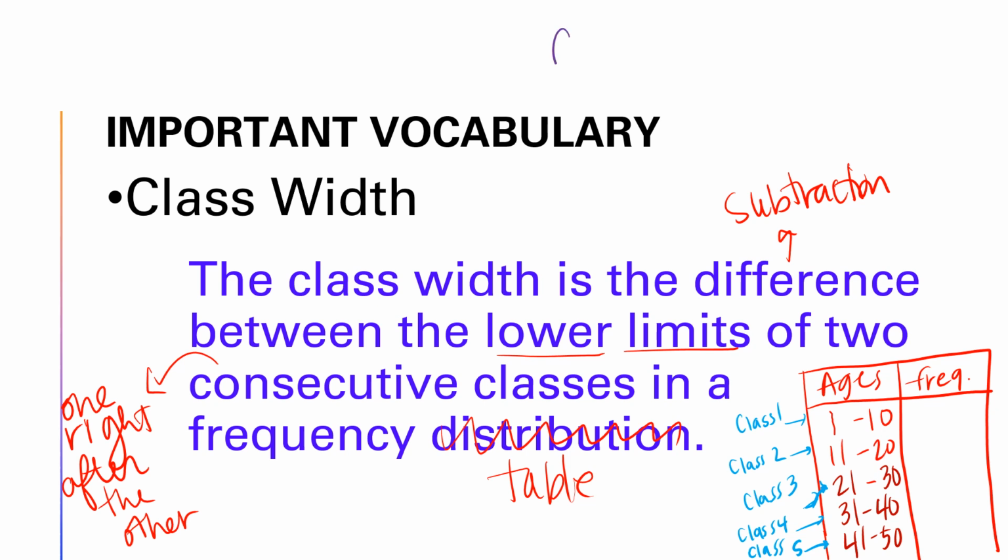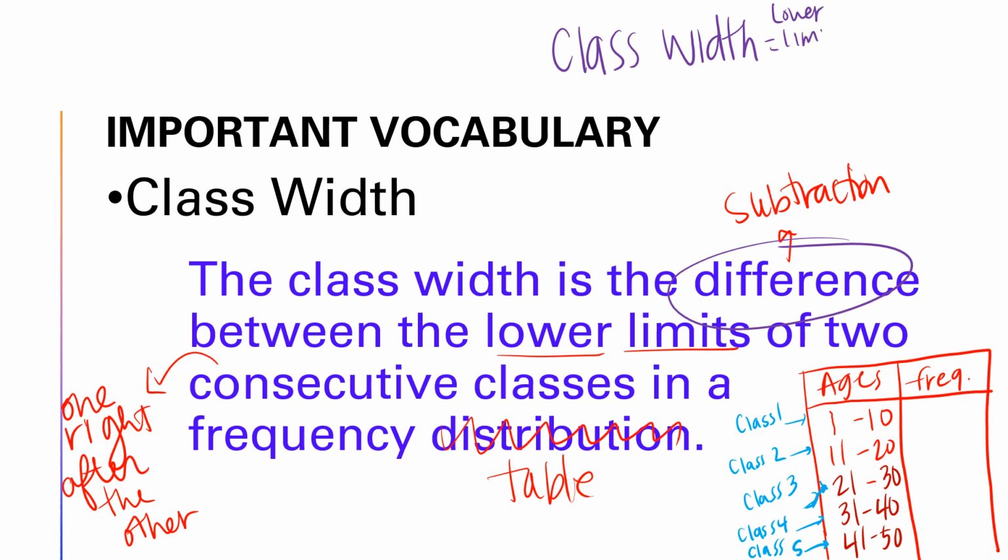So class width is kind of like a little formula. It's the difference between the lower limits of two consecutive classes. So I'm going to do lower limit of class 2 minus lower limit of class 1. That's going to be 11 minus 1, which is 10. Now you can recalculate this for each combination.